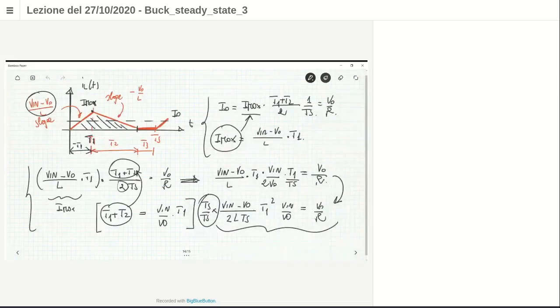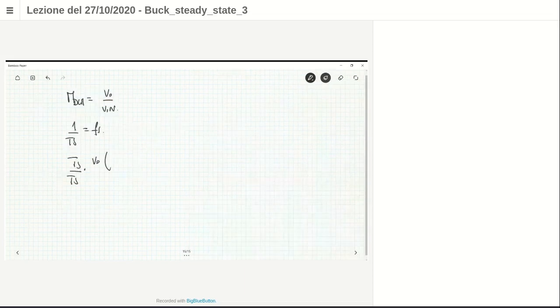Let me derive here, for example, V naught, and so we get V in times 1 divided by L Ts.